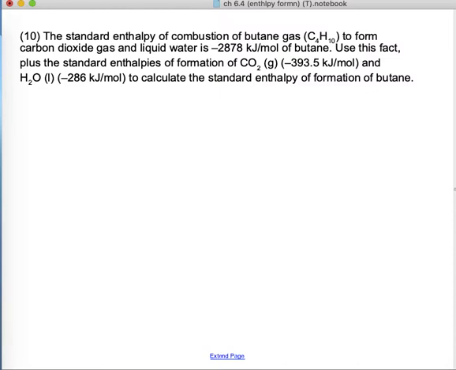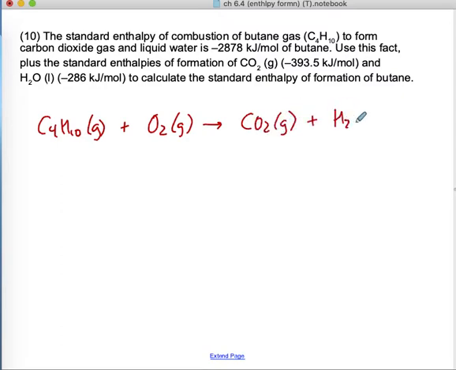So our first step, obviously, is to write and balance an equation. So butane, C4H10 gas. Combustion involves reaction with oxygen to form carbon dioxide and water. And we're going to use water in the liquid phase here. Okay. To balance that, I will put a 4 before carbon dioxide and a 5 before water.